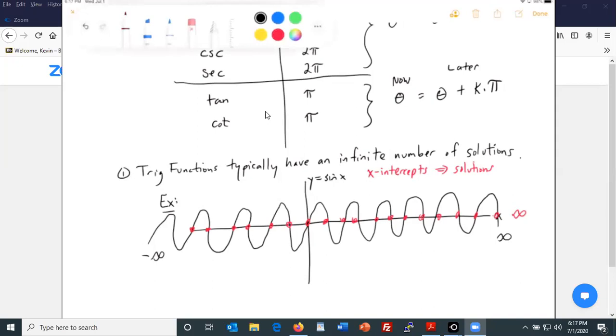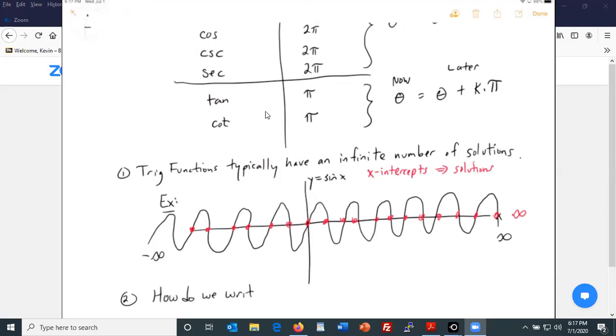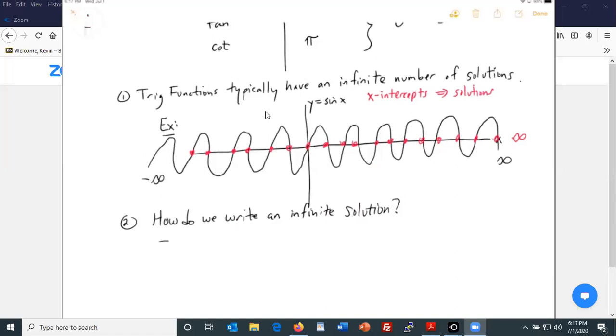So then how do you write an infinite solution? So that's the next question. How do we write an infinite solution? And we do that by using what's called a general formula.